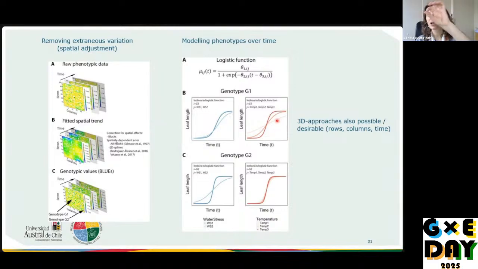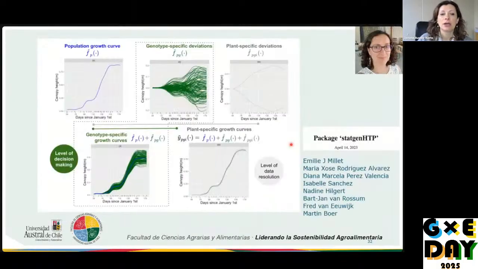It's dynamic over time if we change the temperature, but for genotype 2 it doesn't matter. It stays more or less in the same dynamic regardless of the temperature. So if we do that, after removing the experimental noise, and we extract those parameters, we can try to find QTLs for those parameters.